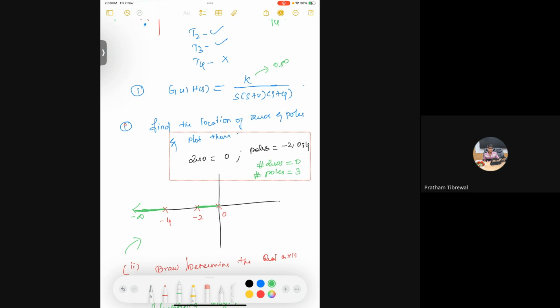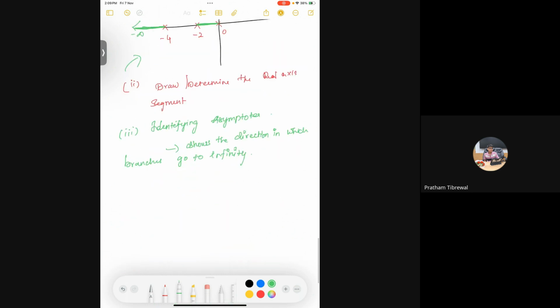So there are no zeros for the root locus to go from open loop poles to. So all 3 poles will go to infinity because the number of poles is greater than the number of zeros. All the root locus originating from each pole will go to infinity. So that's why we are calculating these asymptotes.